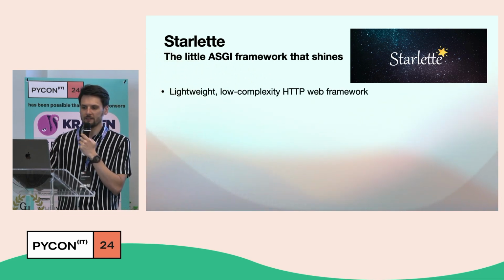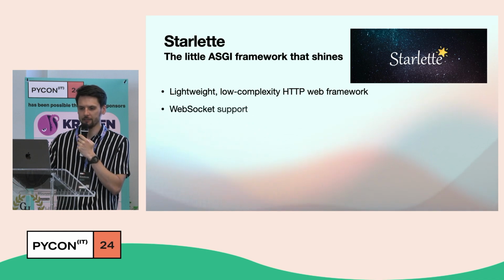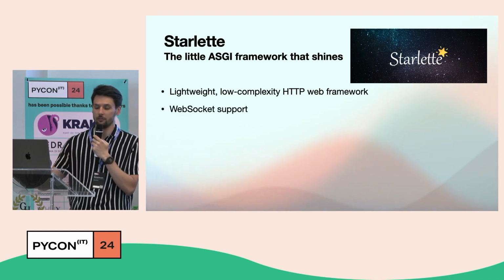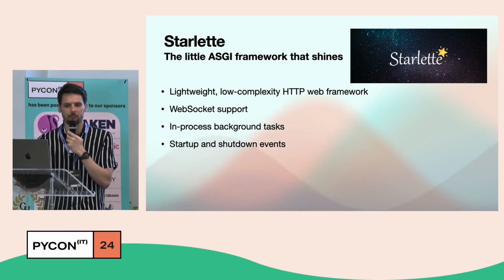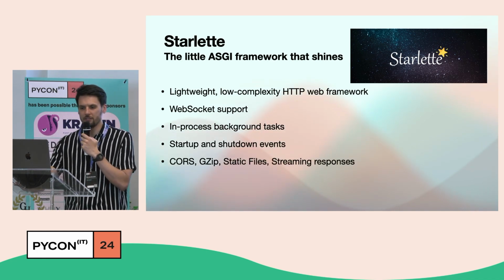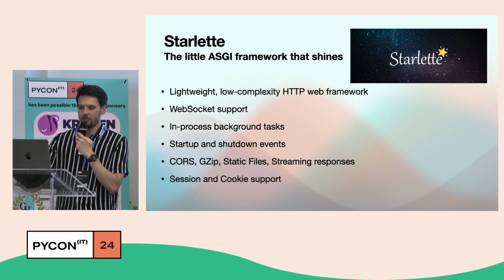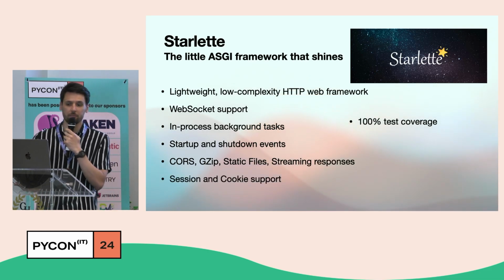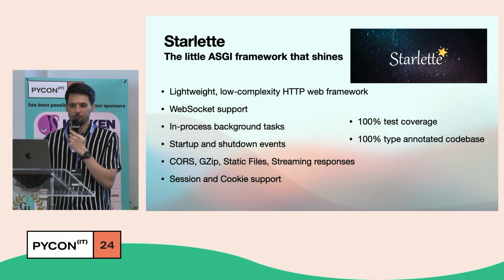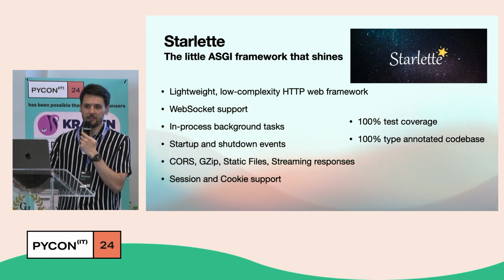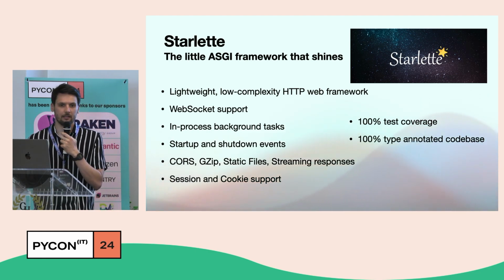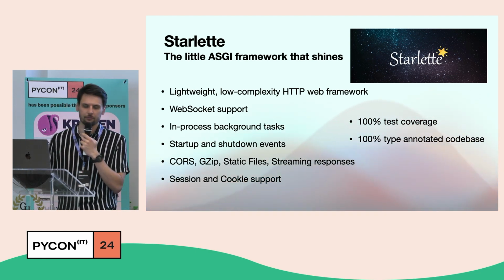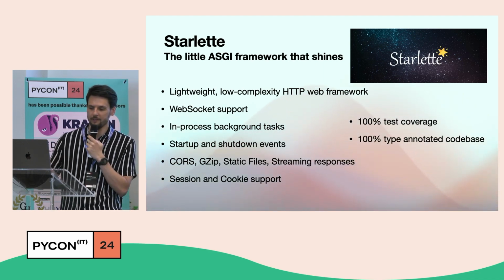It is a low complexity HTTP web framework and it has WebSocket support, in-process background tasks, startup and shutdown events, CORS, gzip, static files, streaming responses, session and cookie support, and it has 100% test coverage, and 100% of the code base is type annotated. So generally, it adds an abstraction layer over Uvicorn, so developers can write code with ease.